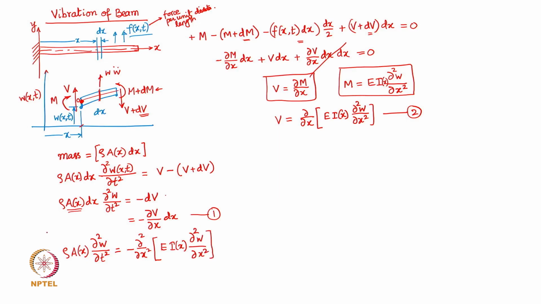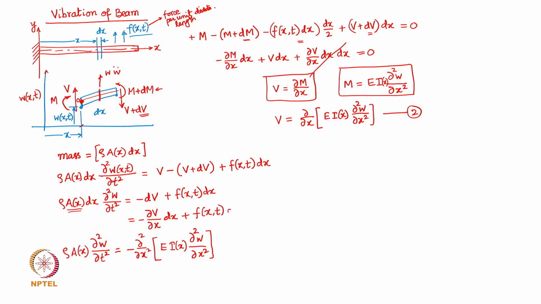So now this actually is your governing equation of motion. What we missed out is the addition of the external force term here, f of x comma t dx. So I'm sorry, this should have been added here, f of x comma t dx, and so let us modify this as a general case.